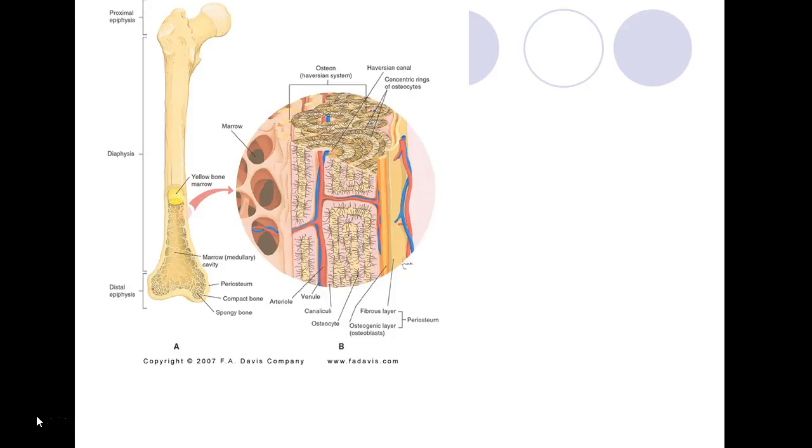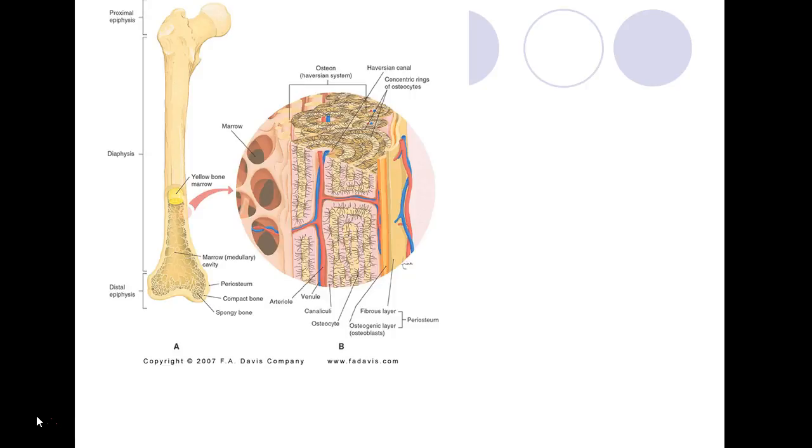And here we're going to look at the bone structure a bit. The little circle on the right, microscopic version, you can see those little circular patterns of columns. Those are the osteons, or the Haversian organization.